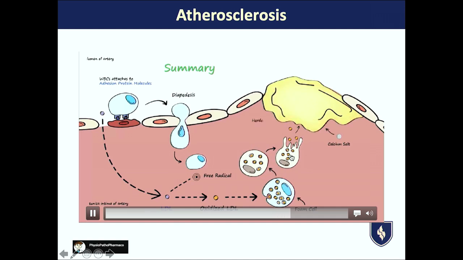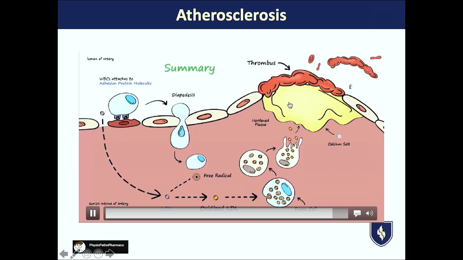These foam cells are involved with what we call an atheroma, and then you get platelets that start to stick together to this atheroma. You get a thrombus, and if this thrombus breaks off, you get an embolus, and the embolus can get into the bloodstream and then clog up and cause a clot, and then you get an embolic, for example, stroke. So that's the mechanism.